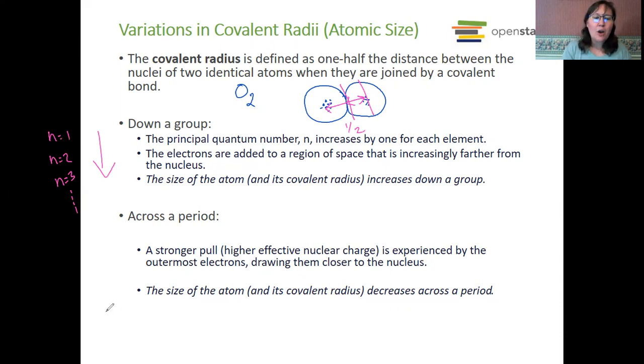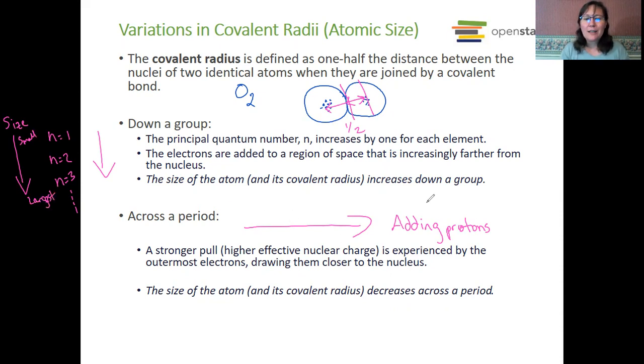Okay, now as we go across the periodic table, we're still in the same n value, but you know what we're doing? We're adding protons. So over here, I'll say size goes from smallest to largest as we go down.